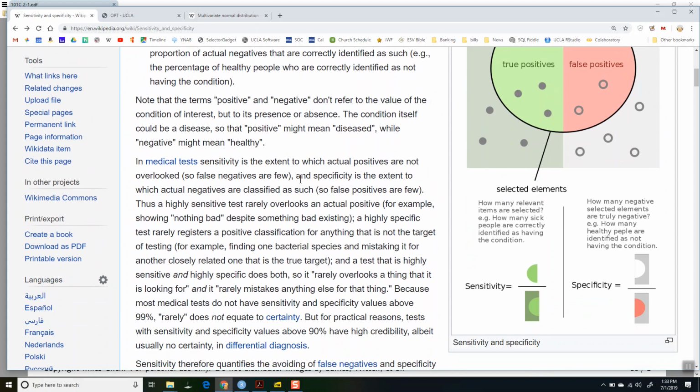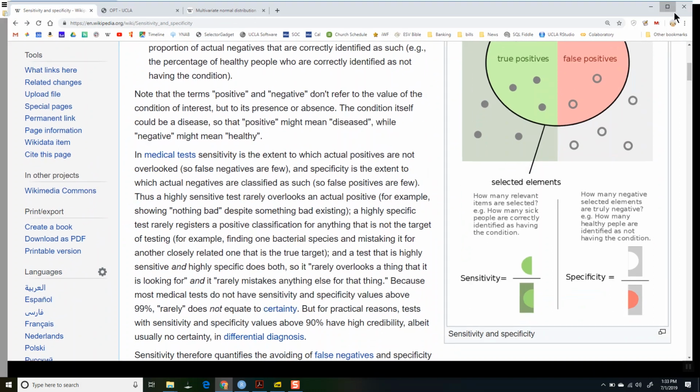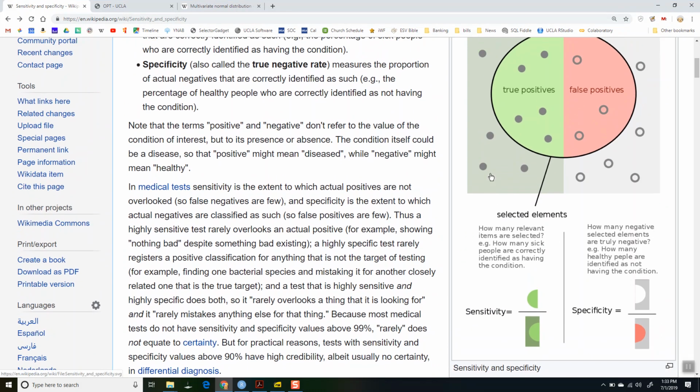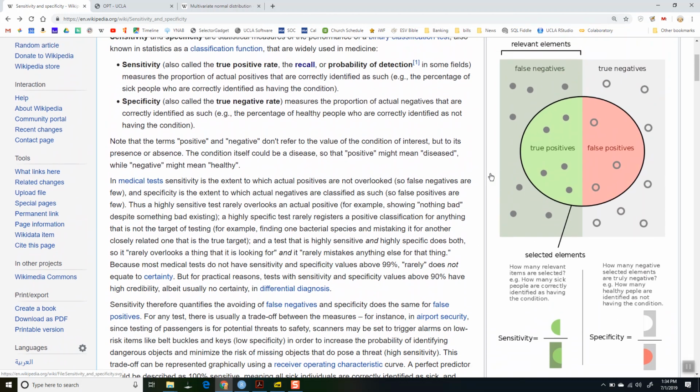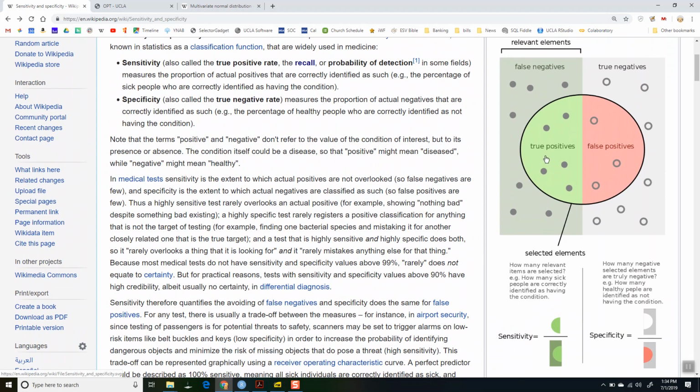and it is, let me draw this picture here. I should probably just copy this into my slides. It's public domain use. These are the selected elements, okay? This is what we select, and these are the ones that we're interested in.